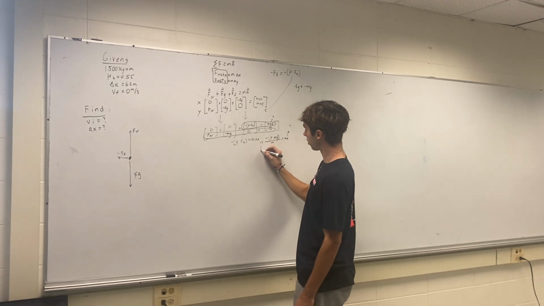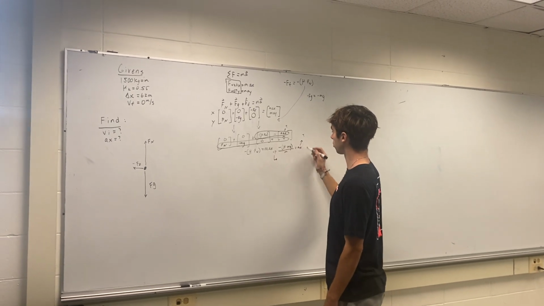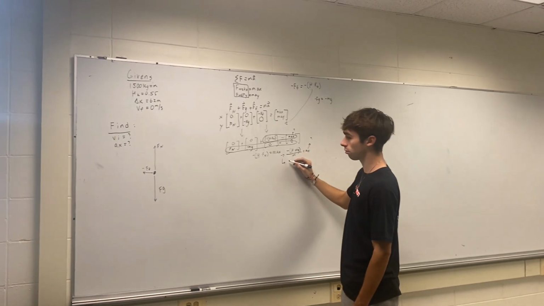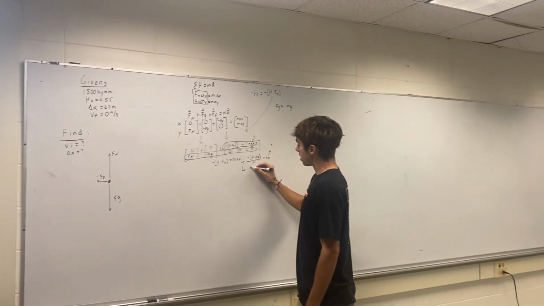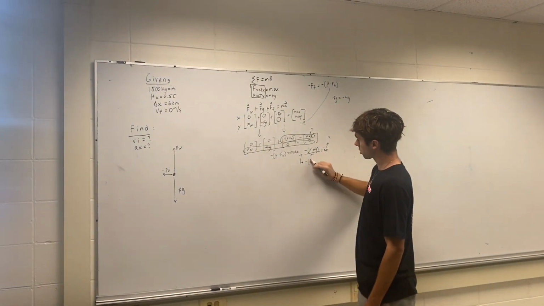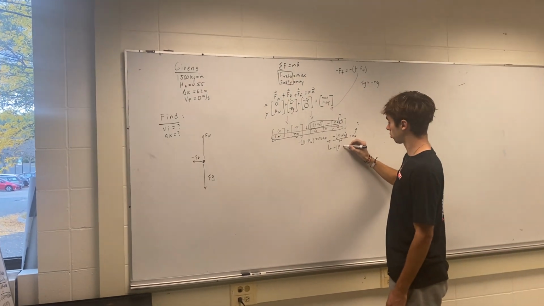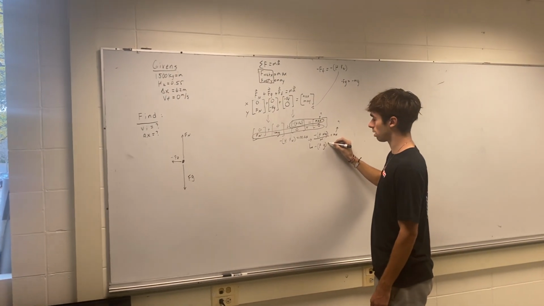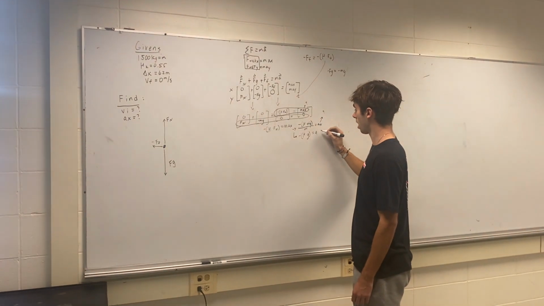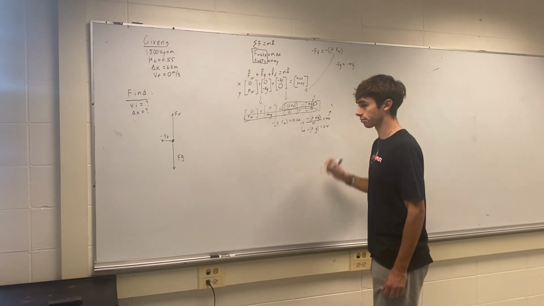So then we can simplify this equation into a negative coefficient of friction times gravity, and that's going to be equal to our ax.